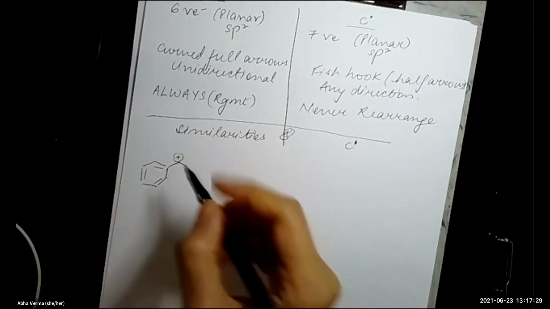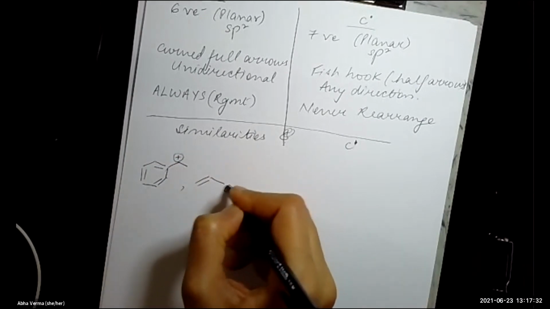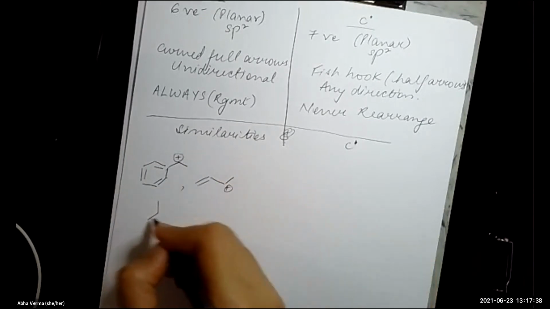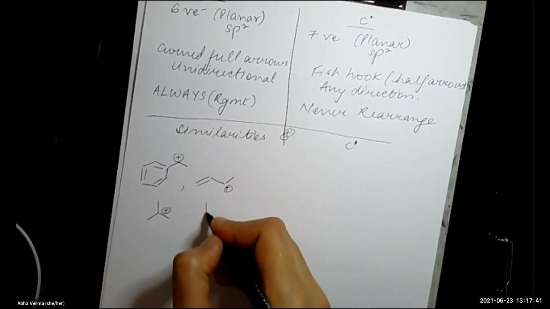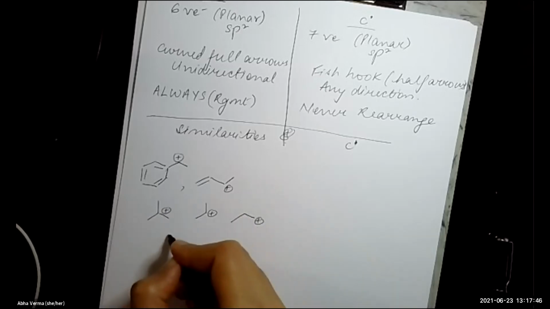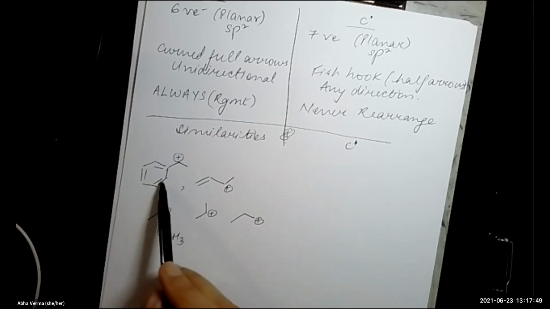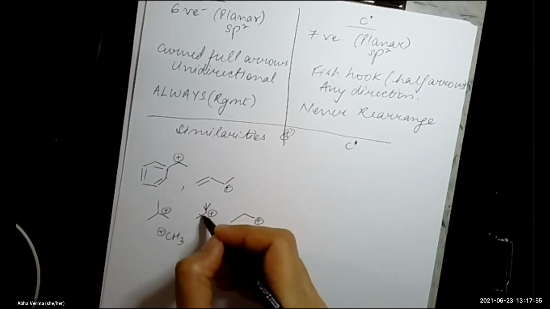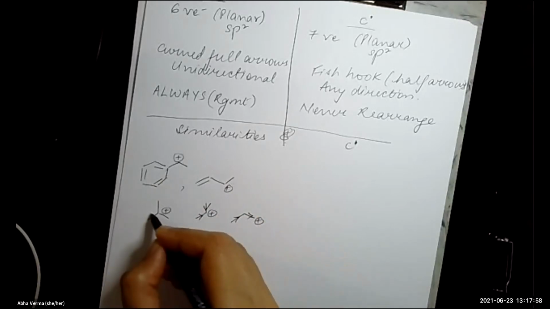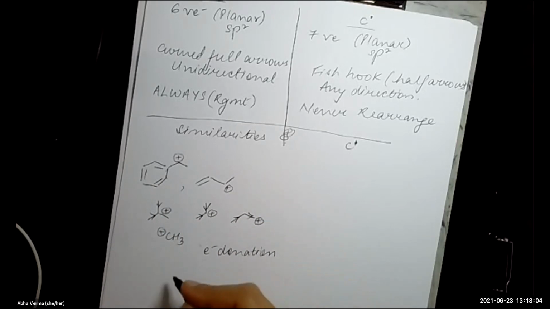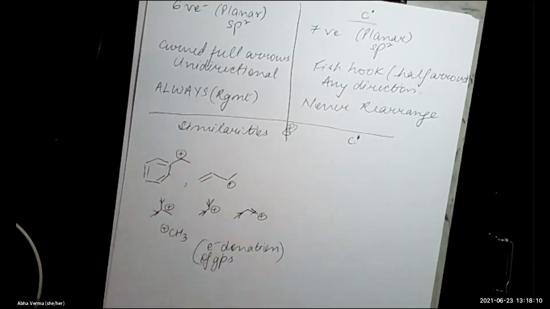We know that the benzylic and the allylic are very stable carbocations, followed by tertiary, followed by secondary, primary, and then the methyl, right? Do you remember this? Why were these stable? Because of the hyperconjugation or the electron donation of groups. It stabilized these carbocations.